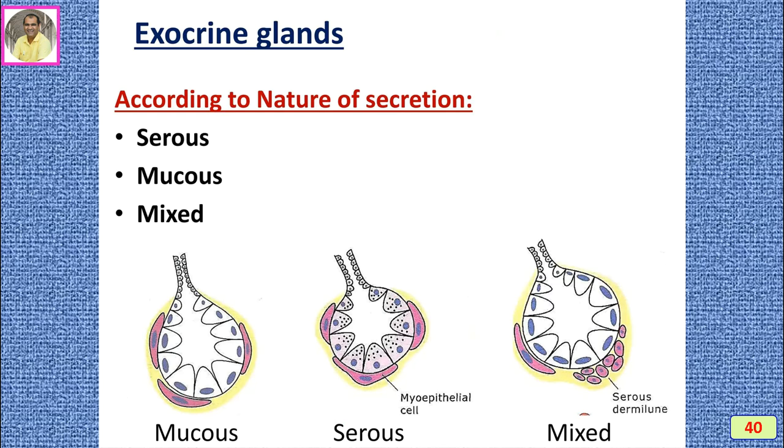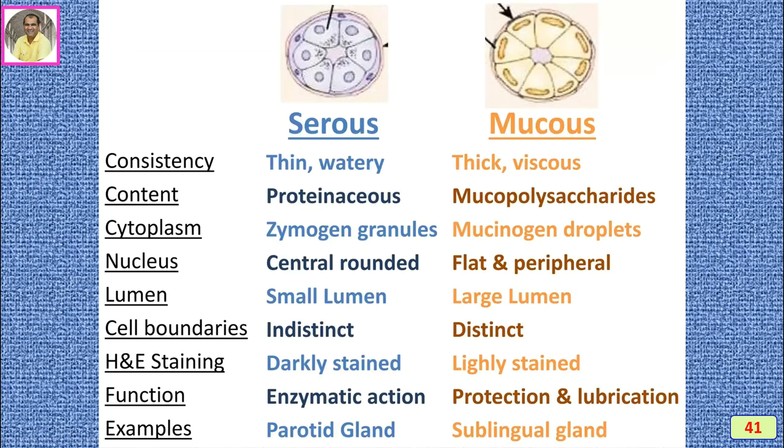So according to the secretion, number one is the mucus. Mucus is a very thin substance, or serous, then mixed. So myoepithelial cells also contain the secretory cells, and the mixed type of cells always contain both serous and mucus type of secretion.